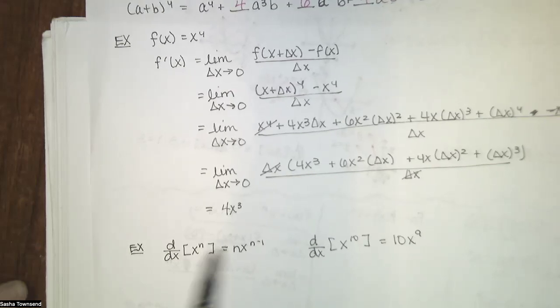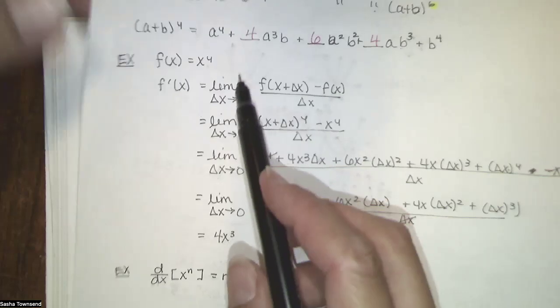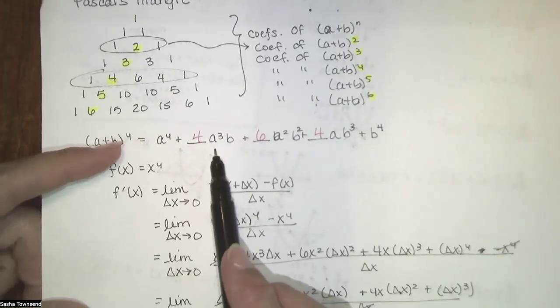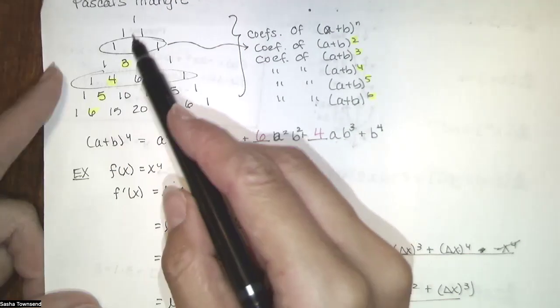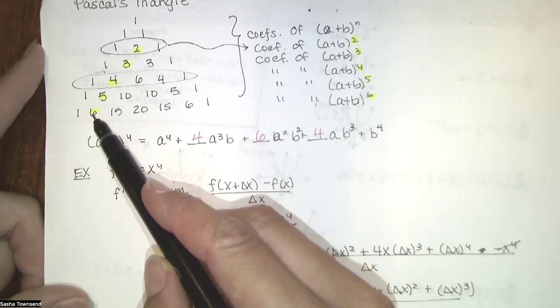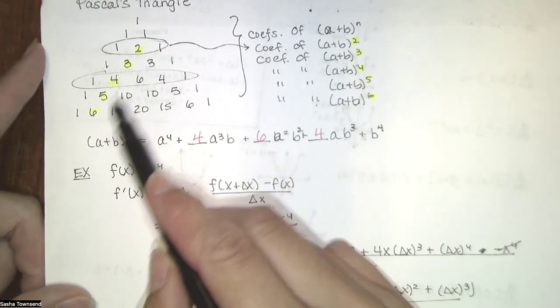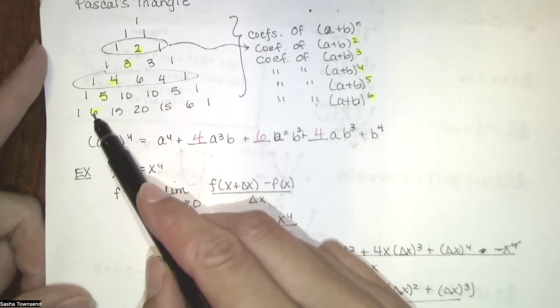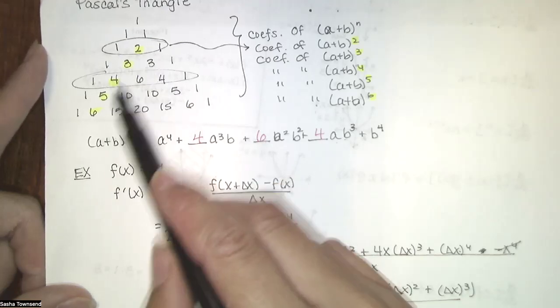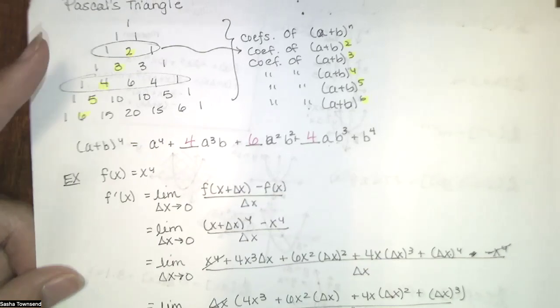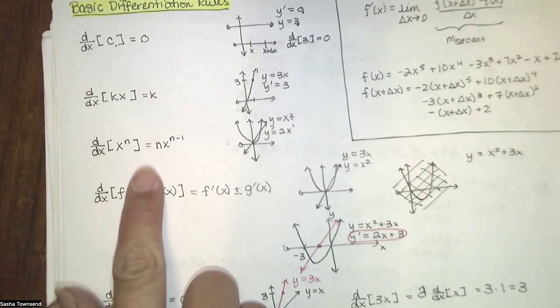So it's a very easy rule to apply, but it comes from these expansions and that coefficient. And we were able to just infer what the relationship should be between that exponent and the coefficient by looking at that second coefficient and that second sort of diagonal in Pascal's triangle. All right, so that is our rule for that.